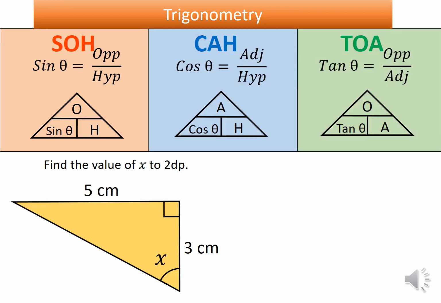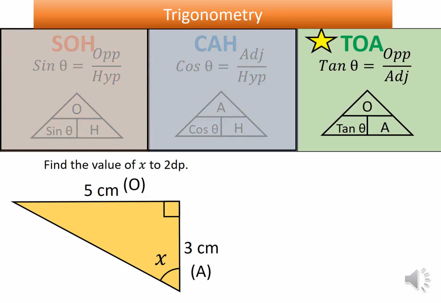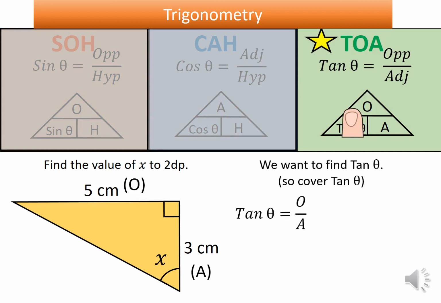In my next example, again I have two lengths and I need to find the angle. 5 centimeters is the opposite because it's opposite angle x, and 3 centimeters is the adjacent because it's right next to angle x. So I've got adjacent and opposite, so I can see that the ratio that I need to use in this example is tan. So we substitute the values into the formula. We need to divide opposite by the adjacent.